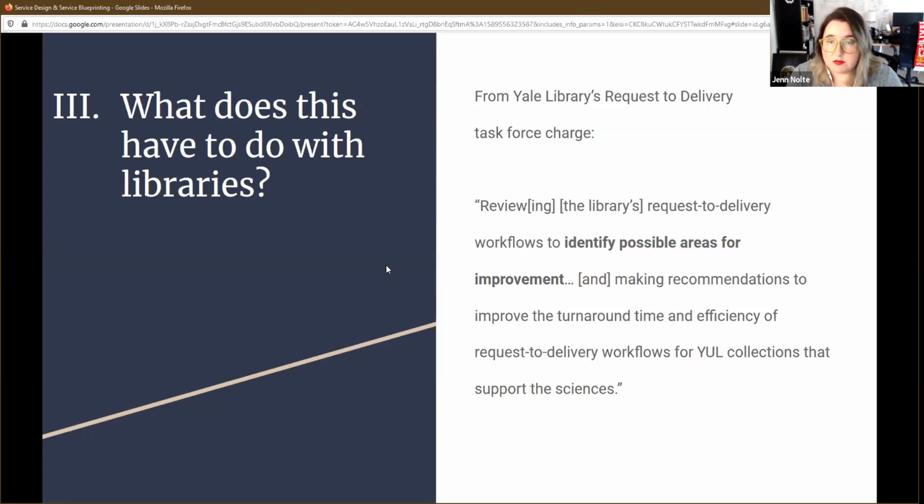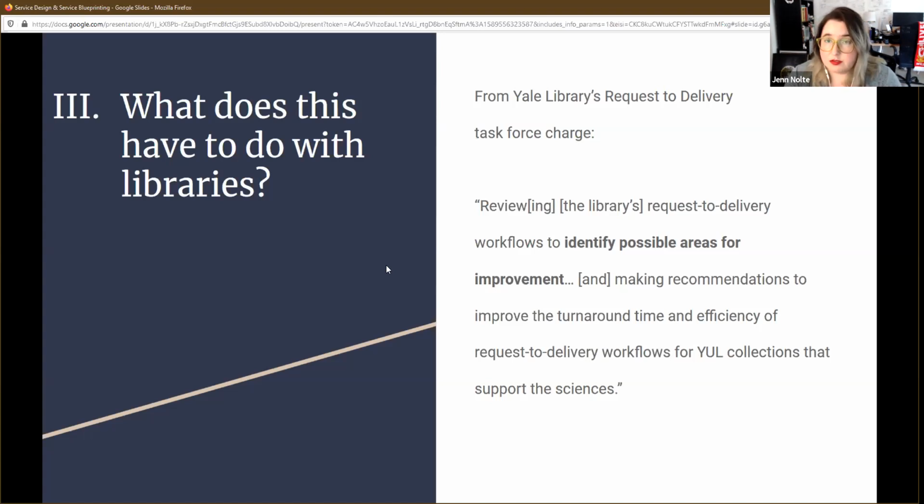So taking a service design approach to some of these very hidden departments with their somewhat opaque workflows is really valuable in terms of, again, identifying the different components that go into making a service work.